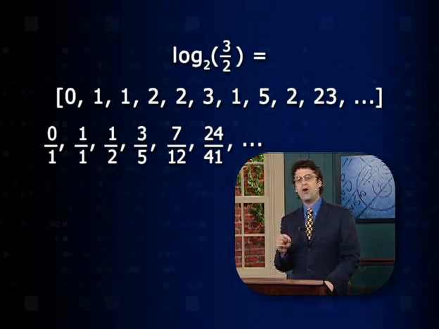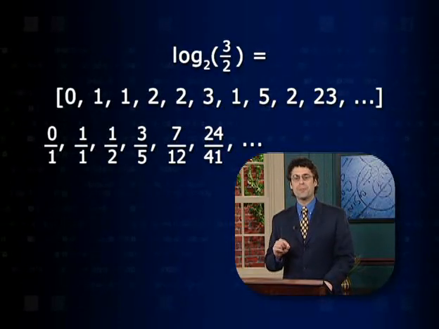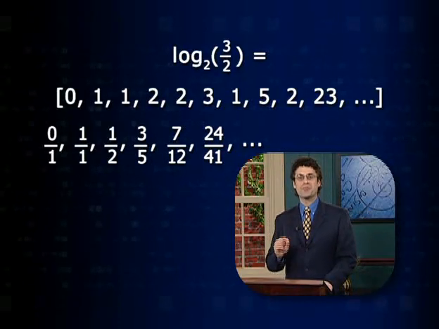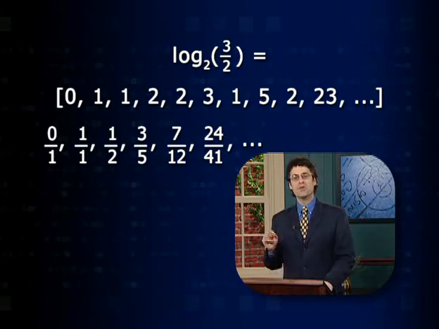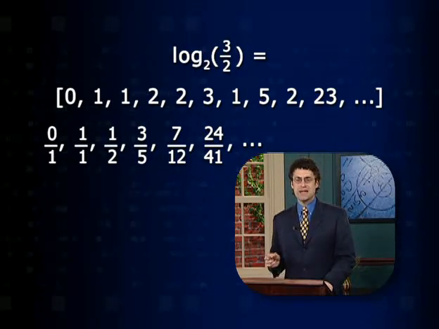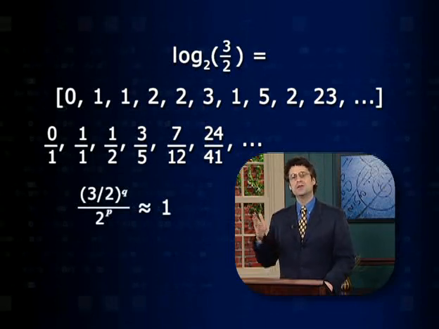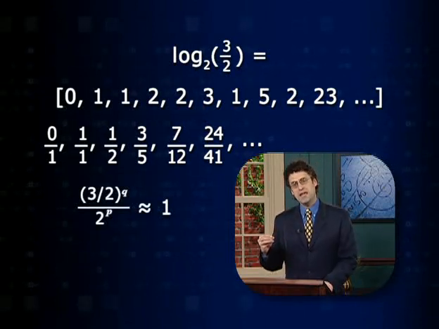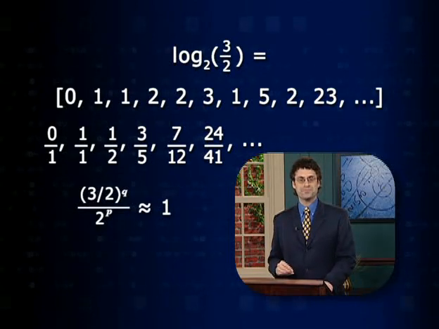Well, now let's recall that the denominators represent the number of notes in our chromatic scale. We also recall that our approximation p over q should make (3/2)^q divided by 2^p close to 1.